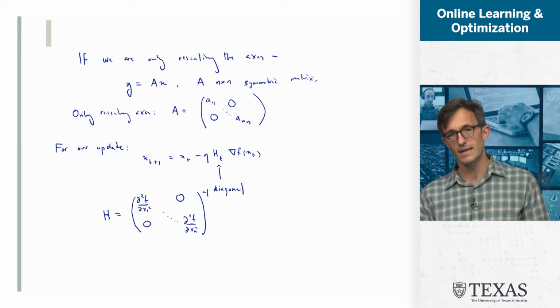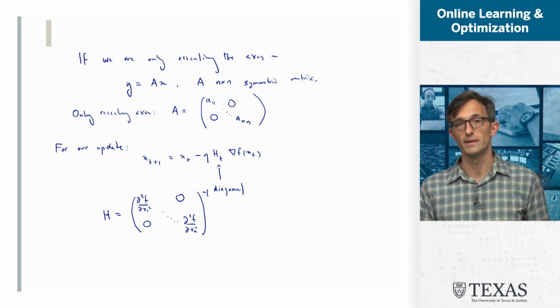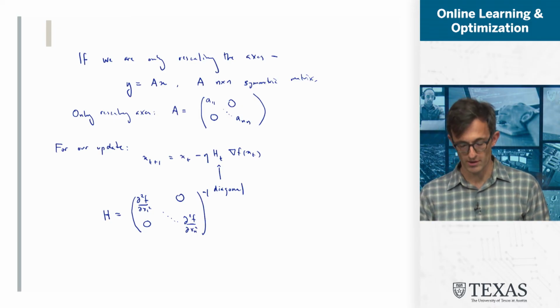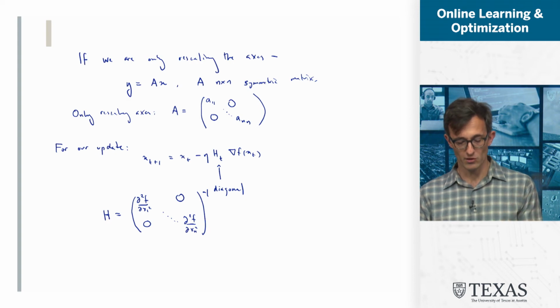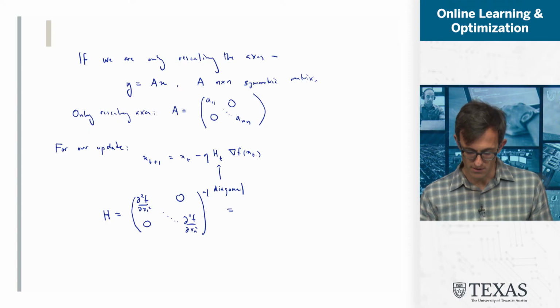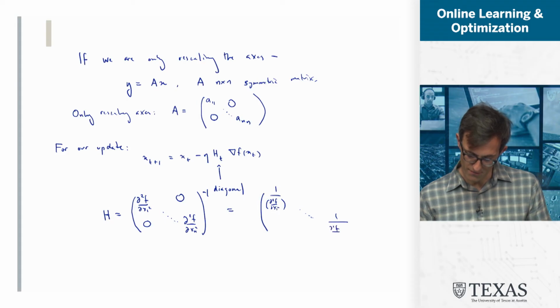So what does it take to compute the inverse of a diagonal matrix? Well, you can do it in linear time, down from essentially cubic time to compute the inverse of a general matrix. That's because I just go to every single one of the diagonals and flip it, so I can do that in one pass. In particular, this is just 1 over the second derivative of f with respect to x1 squared, etc. So I can compute this in linear time.